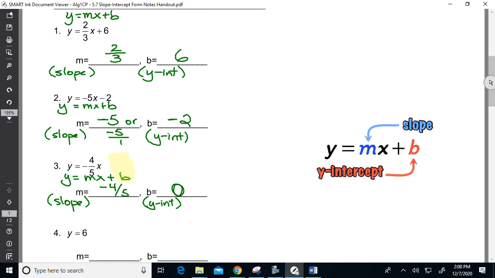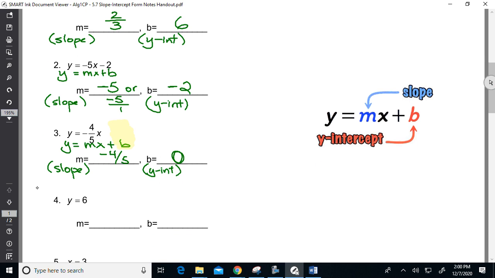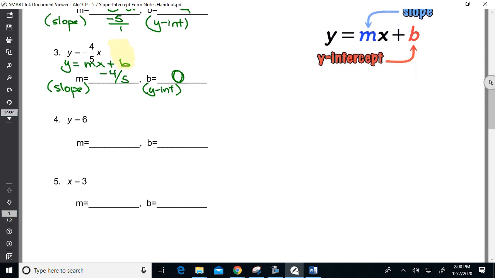You're about to see an example of that right now. Example 4: y equals 6. If I put the formula directly underneath it, these two don't match. The 6 doesn't have an x attached to it. So the 6 should be over there where B is located.